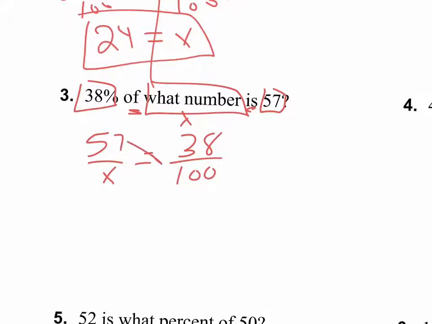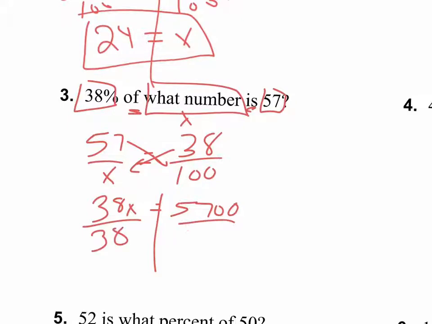Now we do our cross product. 57 times 100 is 5700. 38 times x is 38x. They're equal. We draw our line. That's multiplication, so you divide by 38. x is equal to, get your handy-dandy calculator out. Go ahead and do it. x is equal to 150.